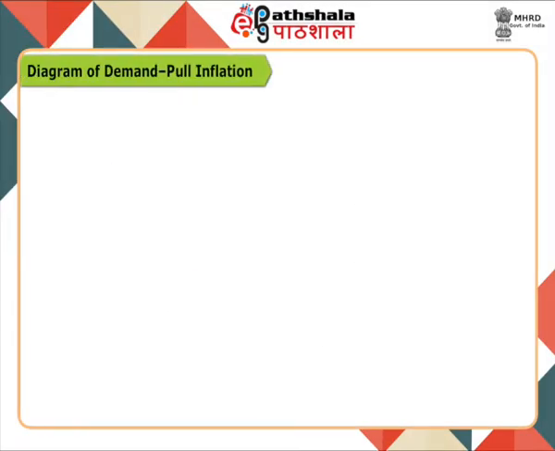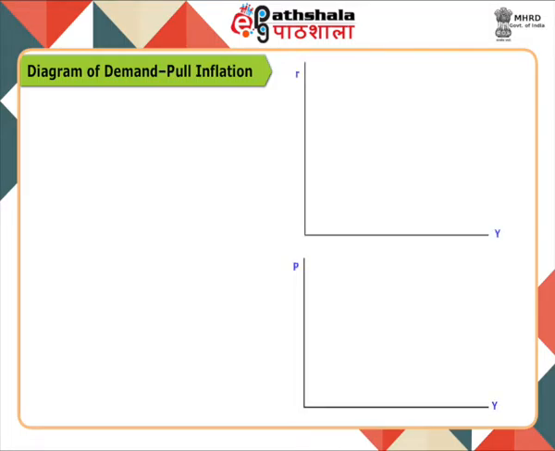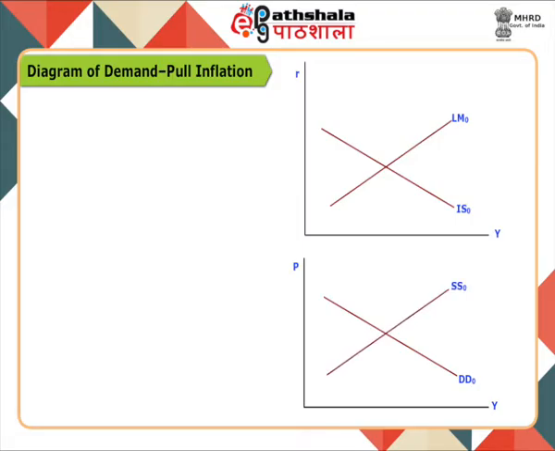Demand pull inflation is explained through the diagram. The diagram has two parts, that is upper panel and lower panel. In the upper panel, IS and LM curves are shown, and in the lower panel, aggregate demand and supply curves are shown.